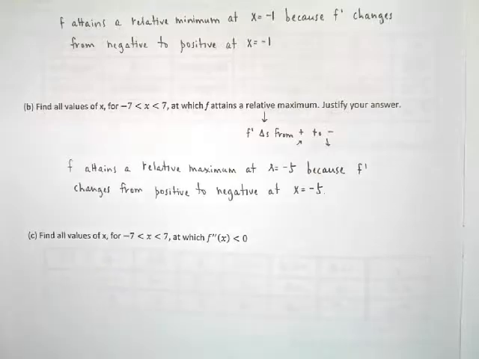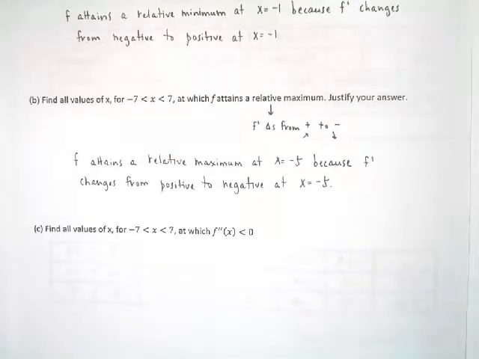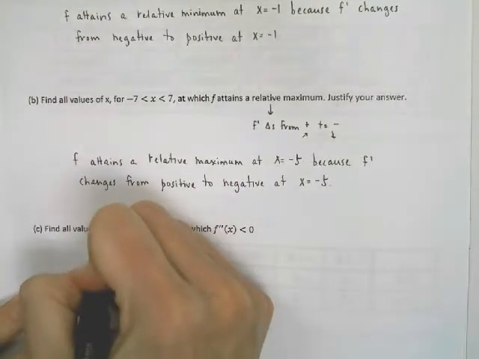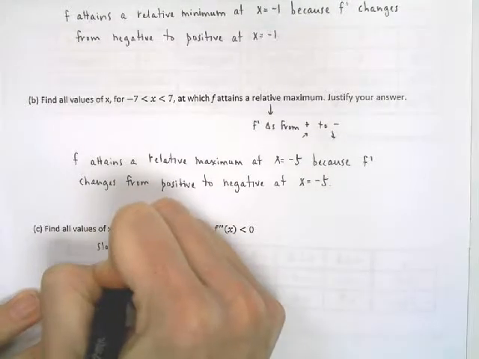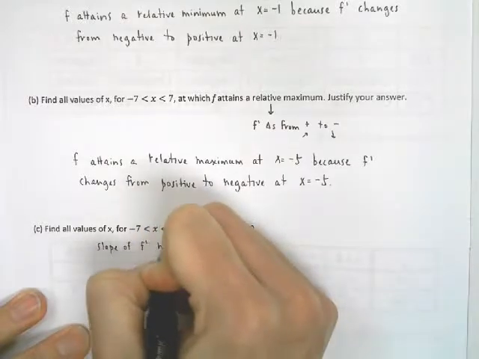All right, now the last part is asking us to find all values of x between -7 and 7 at which f double prime of x is less than 0, where that second derivative is less than 0. If they're asking about the second derivative, what I really need to find out is where the slope of f prime is negative.